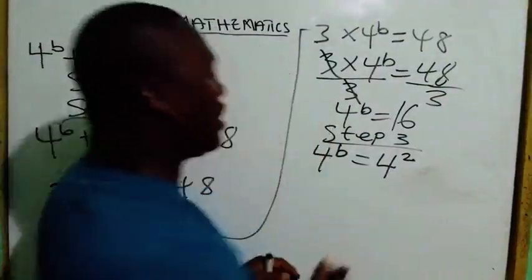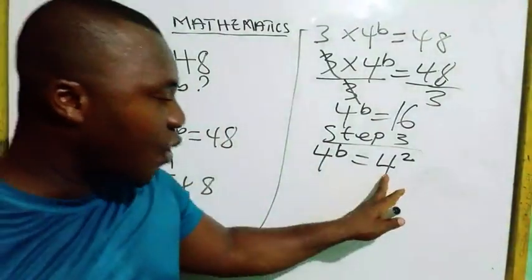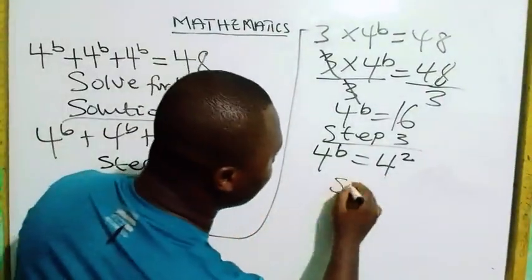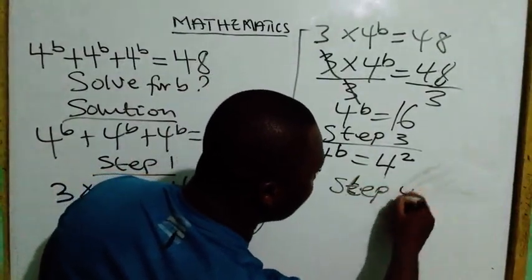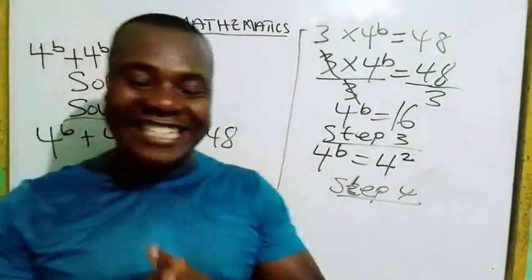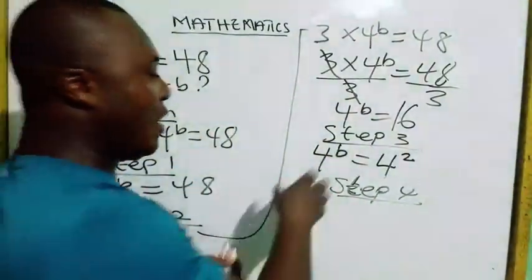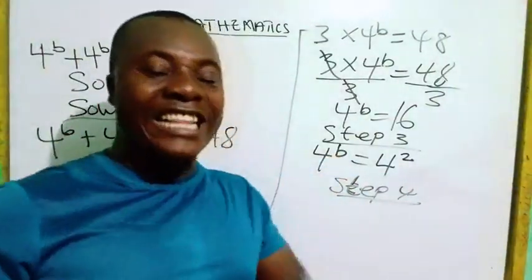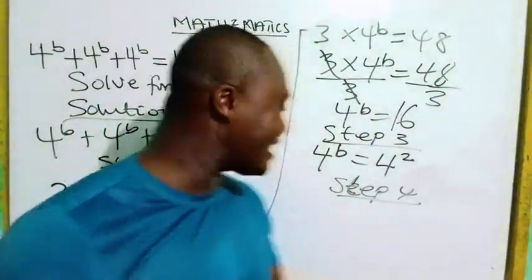So now that we have the same base, which is 4 and 4, then we can say now our step 4. So our step 4 is this. Since the base for both sides are the same, then now we can set our exponents as the answer.